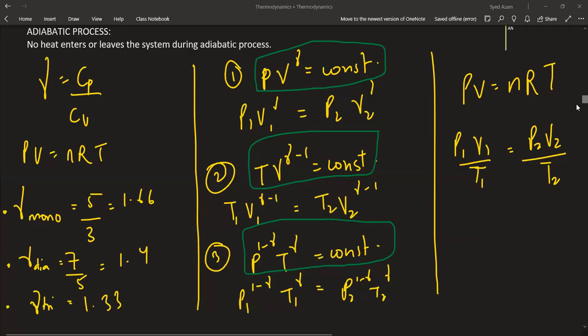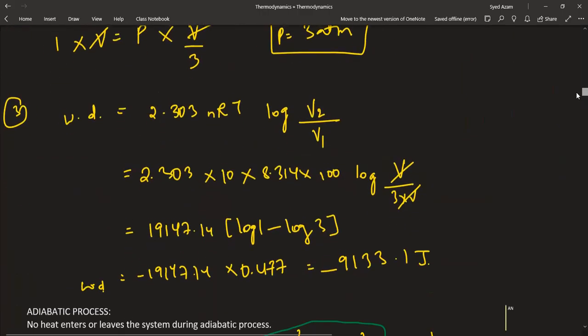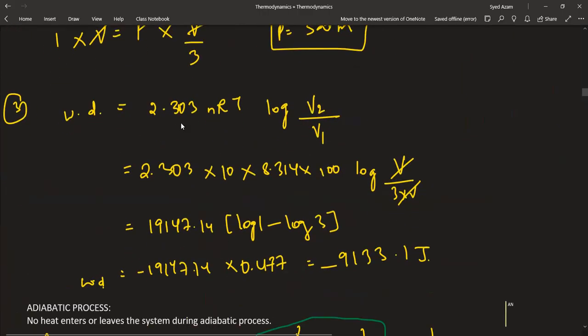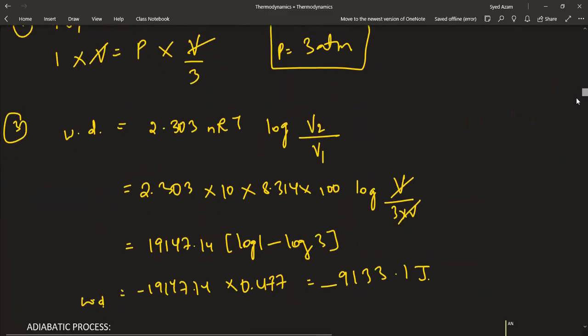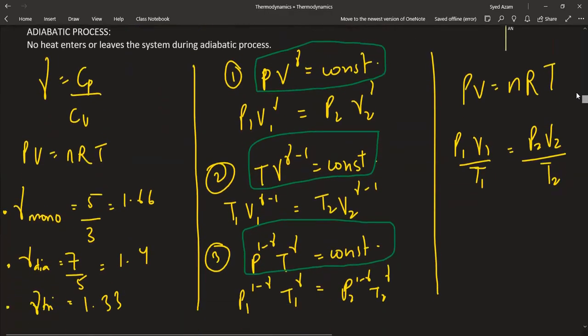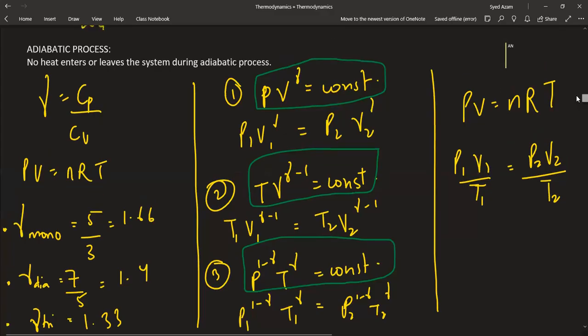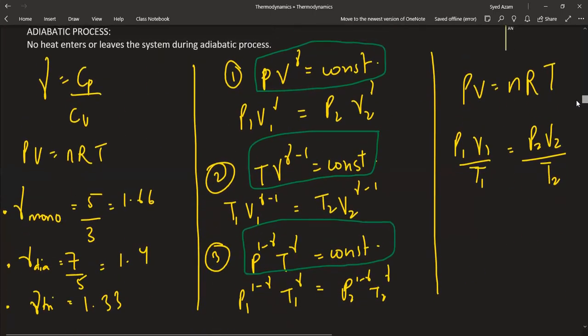Now, work done during the adiabatic expansion. If you remember, this was the formula 2.303 nRT log V2 by V1 or P1 by P2 for the work done during isothermal processes. So for the isobaric process where the pressure is constant, work done is simply P delta V. And one more thing, class, if there is isochoric process, means volume is constant.